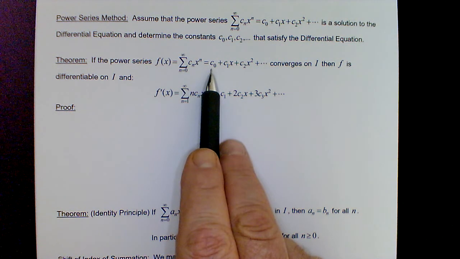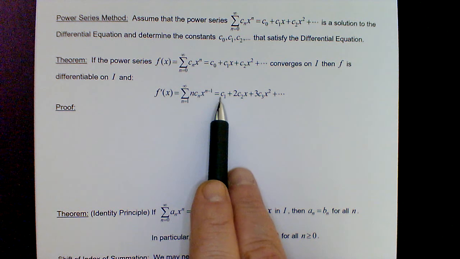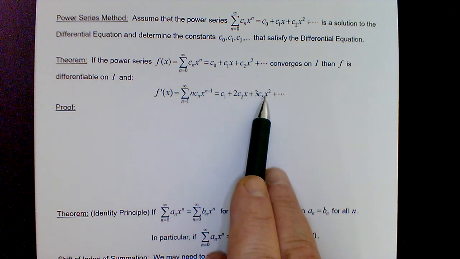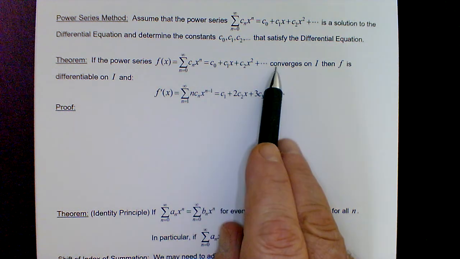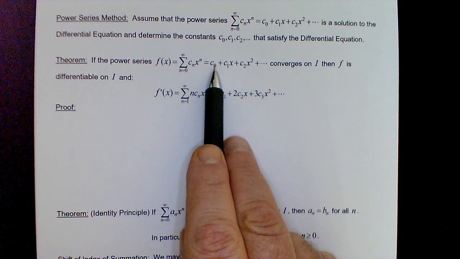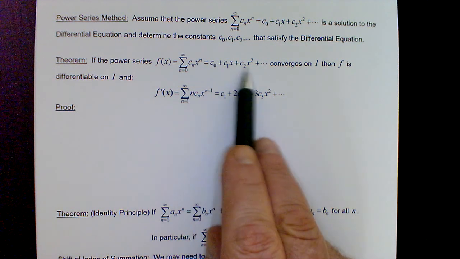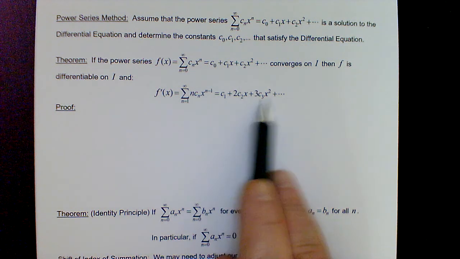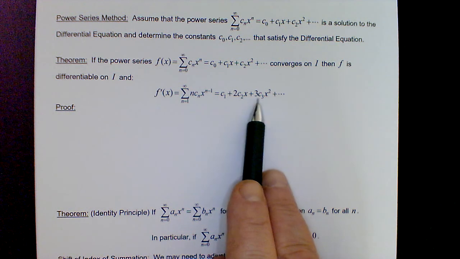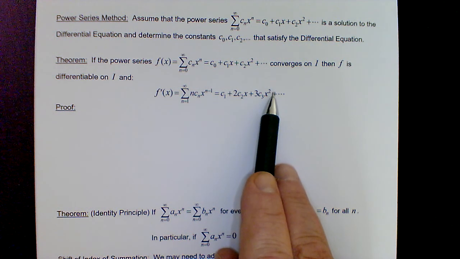But notice how the c sub 0 is gone, and it's just c1 plus 2c2 x plus 3c3 x squared. So it's like we took the derivative of each of these as well. Because the derivative of the constant is 0, the derivative of c1x is c1, the derivative of c2 x squared swings down the 2, 2c2 x to the first, and then the next term would have been 3c3 x to the power 1 less 2.